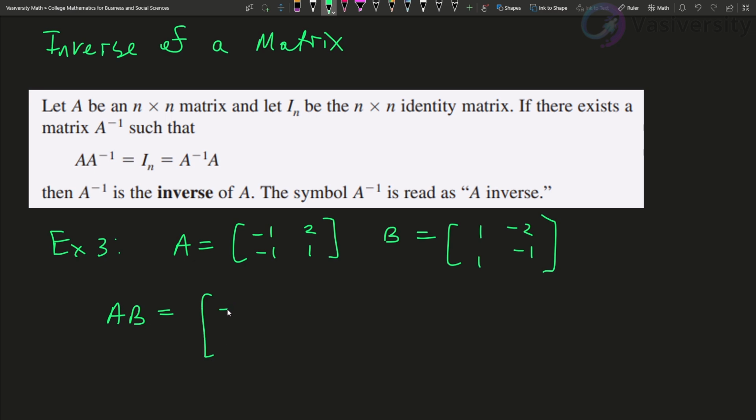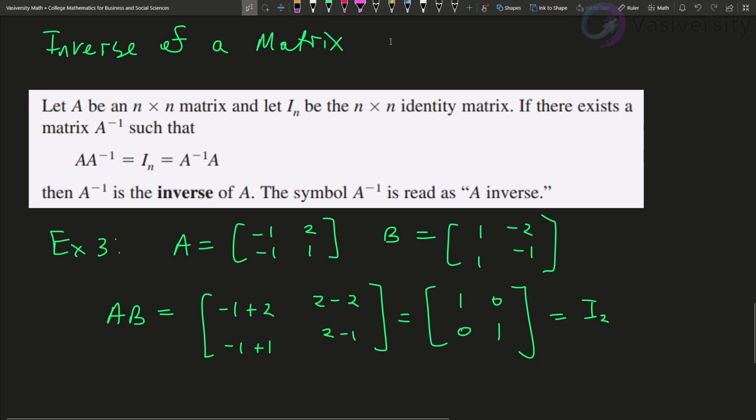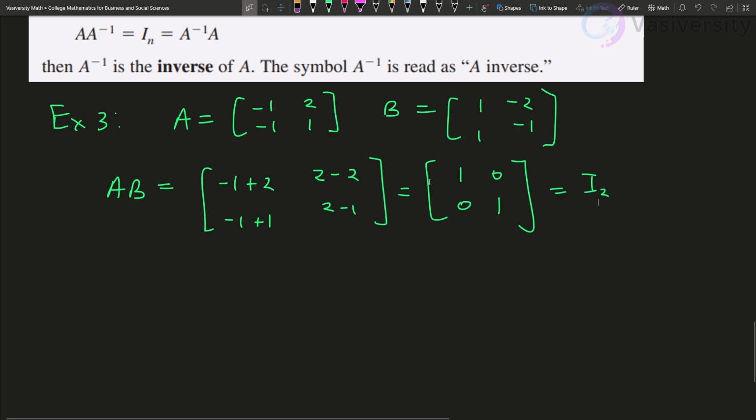So we're going to have -1 plus 2, then first row, second column, it's going to be 2 minus 2. Then second row, first column, it's going to be -1 plus 1, and second row, second column. That is equal to 1, 0, 0, 1. So that is indeed I2, the unit matrix, our identity matrix.